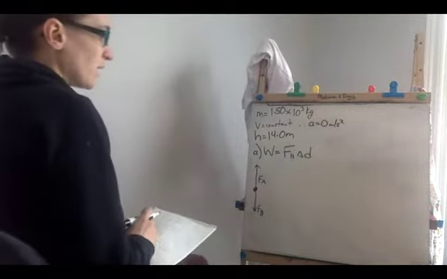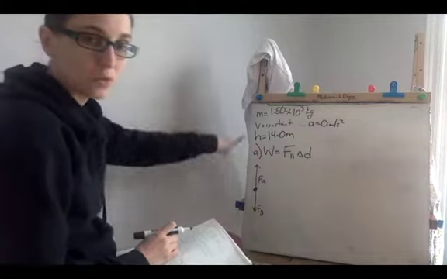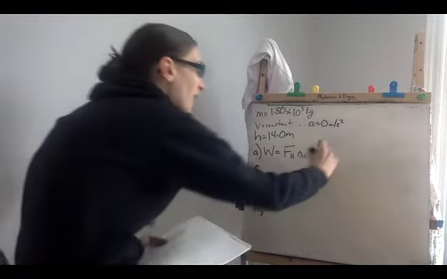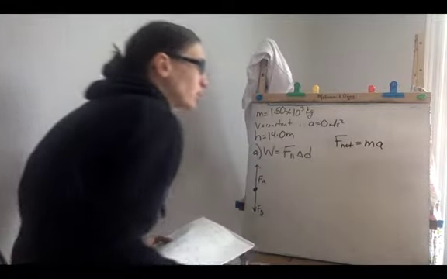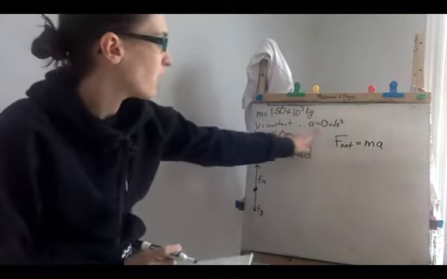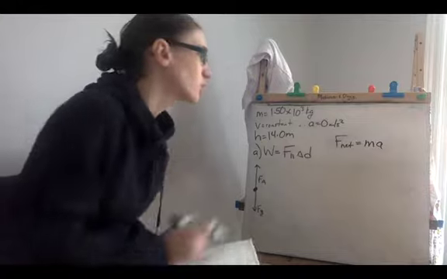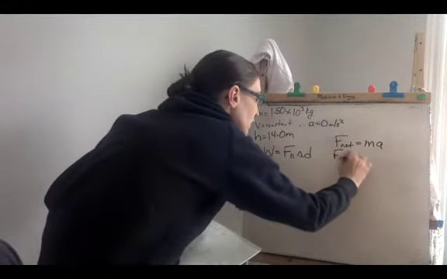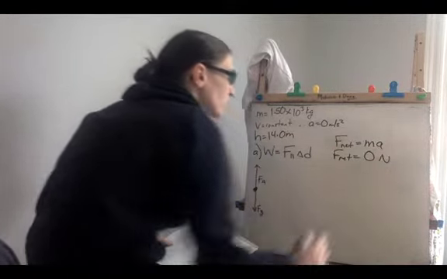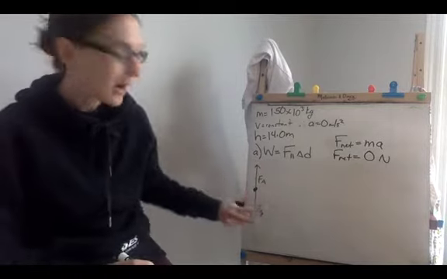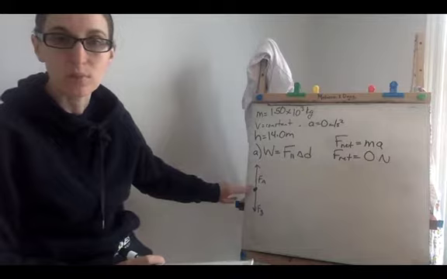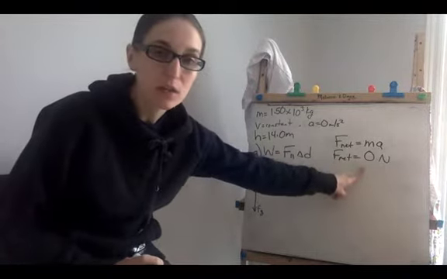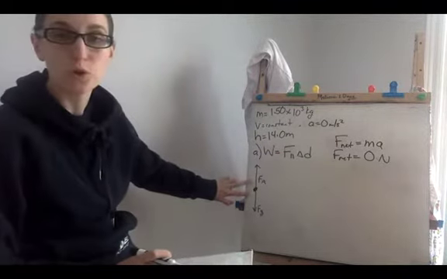So don't forget that all of our work with Newton's laws said that F net is equal to mass times acceleration. Now, because it's constant velocity, we know that the acceleration is 0, so we know that F net has to equal 0 newtons. So the two forces acting on this particular object are force of gravity and force applied, and if the net force is 0, that must mean that these two forces are equal.